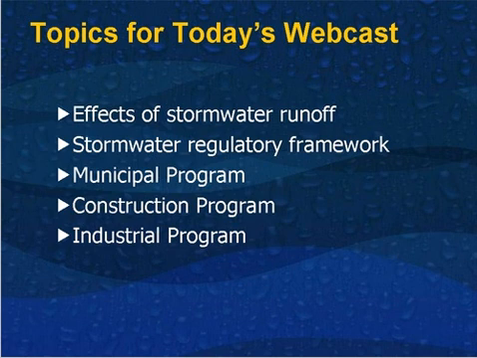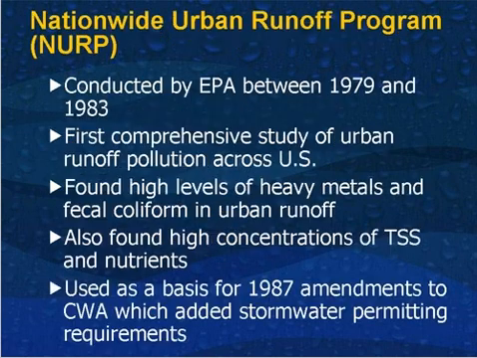So John, you want to move us to the next slide, and we'll start talking about some of the background for the Stormwater program requirements. Sure. Basically, one of the programs that really pushed along the Stormwater program was the Nationwide Urban Runoff Program, or NURP, that was held between 1979 and 1983. This was really the first and probably only nationwide comprehensive study of urban runoff pollution across the whole U.S. They looked at about a dozen locations across the U.S., with really intensive monitoring.